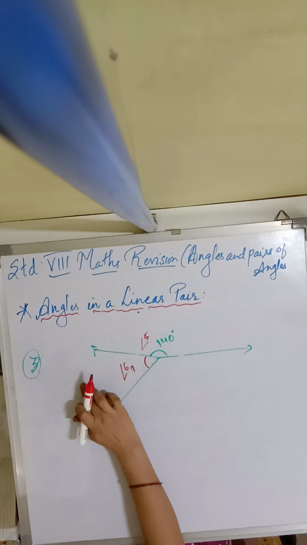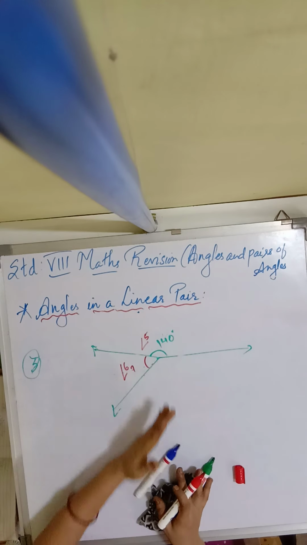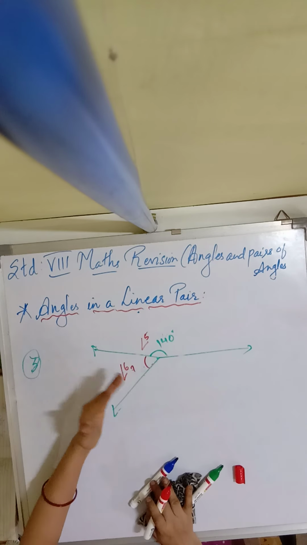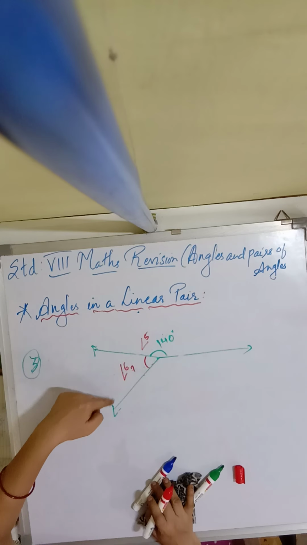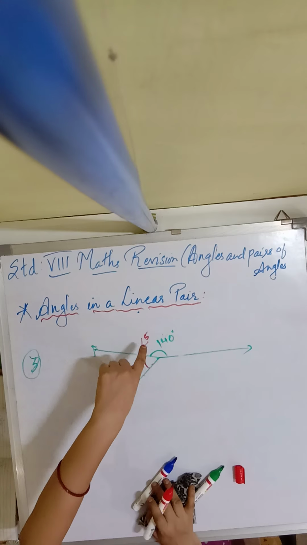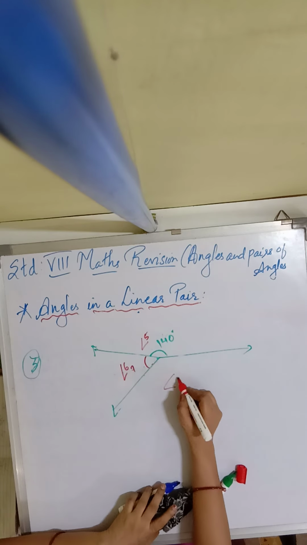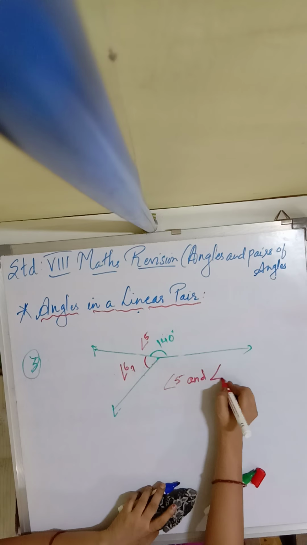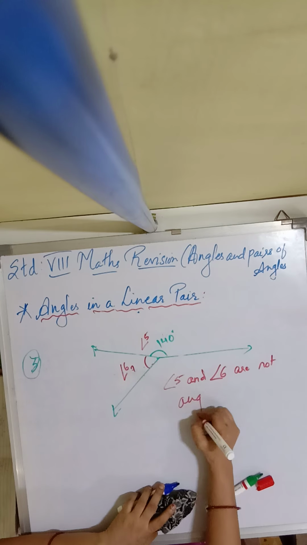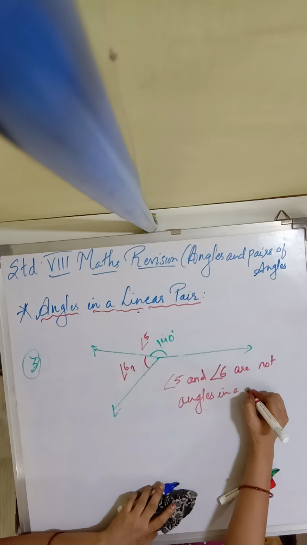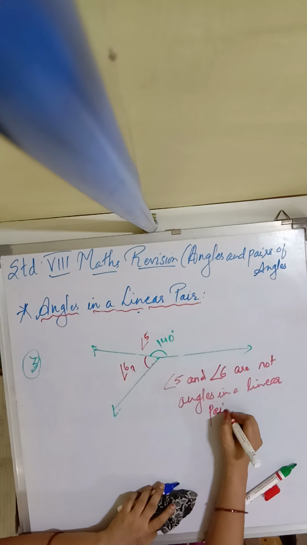Since this arm is forming a straight line but this second arm of the other angle is not forming a straight line, if it would be forming a straight line, then both these angles would be angles in a linear pair. Hence here my angle 5 and angle 6 are not angles in a linear pair.